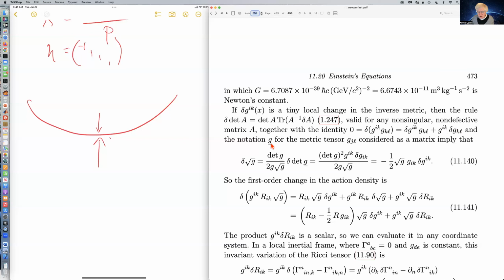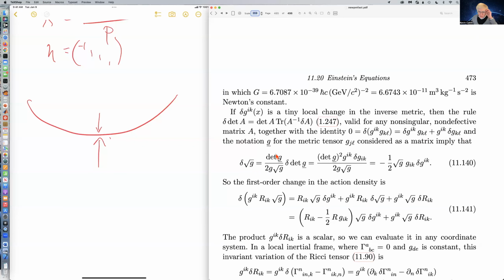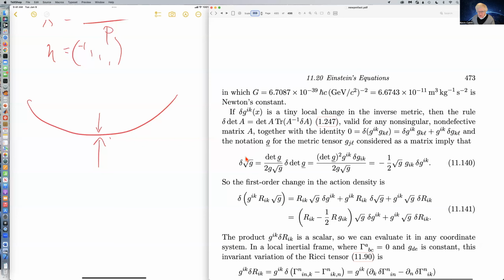And if you use g lower, considered as a matrix, then the variation of the square root of the absolute value of the determinant, well, first of all, it's just working out the square root term.